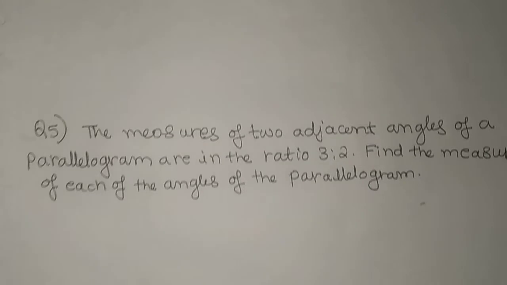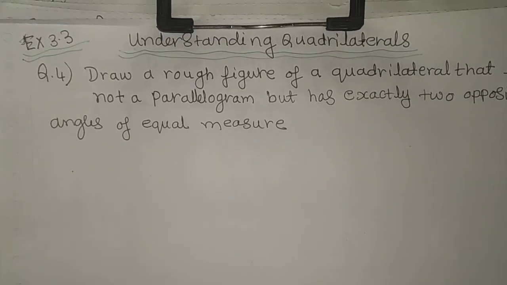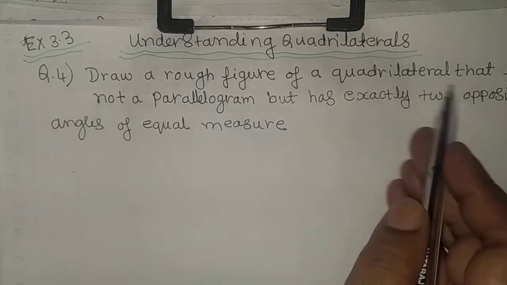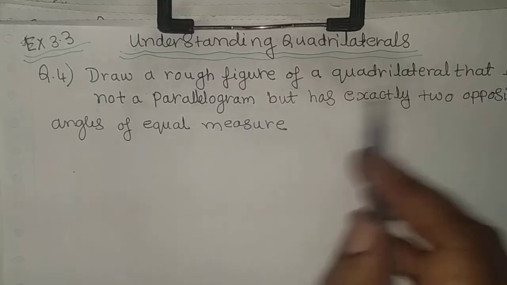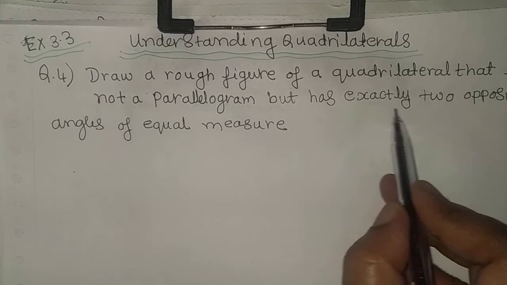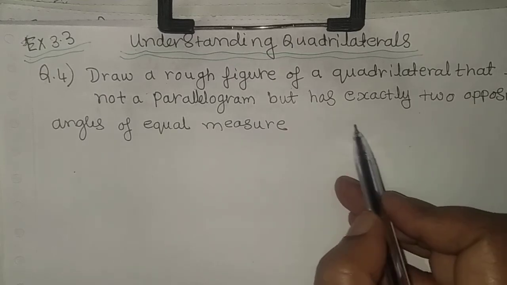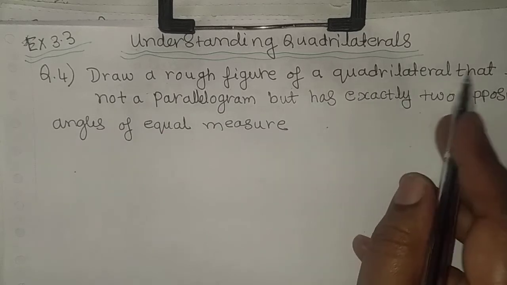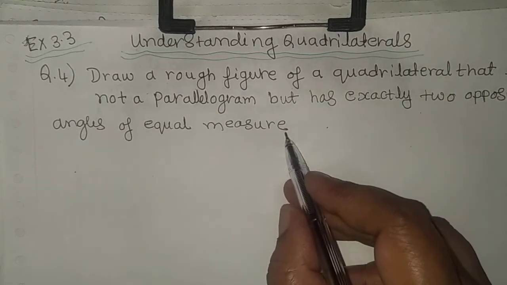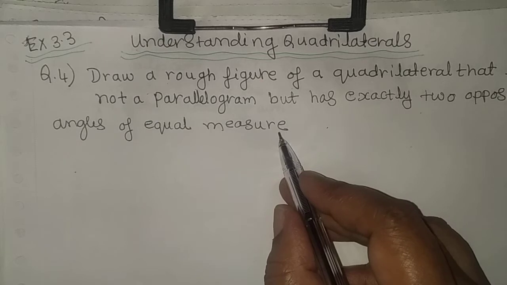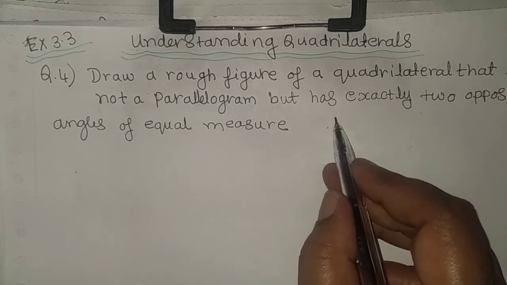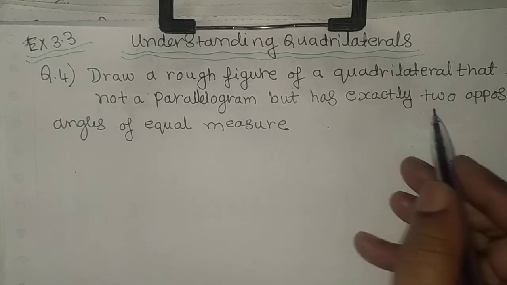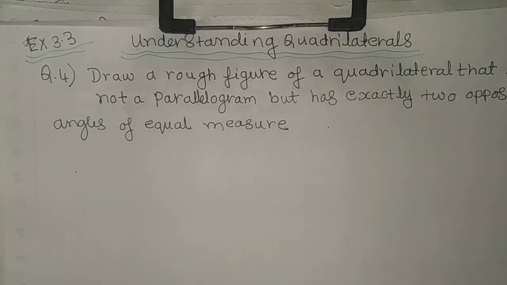We'll continue to the next problem, the fourth one. What is the question? Draw a rough figure of a quadrilateral that is not a parallelogram but has exactly two opposite angles of equal measures.